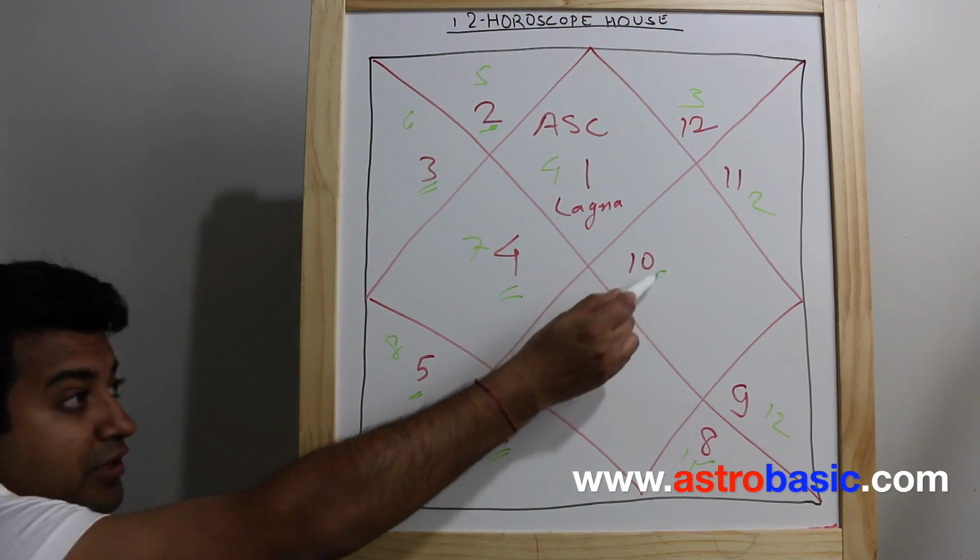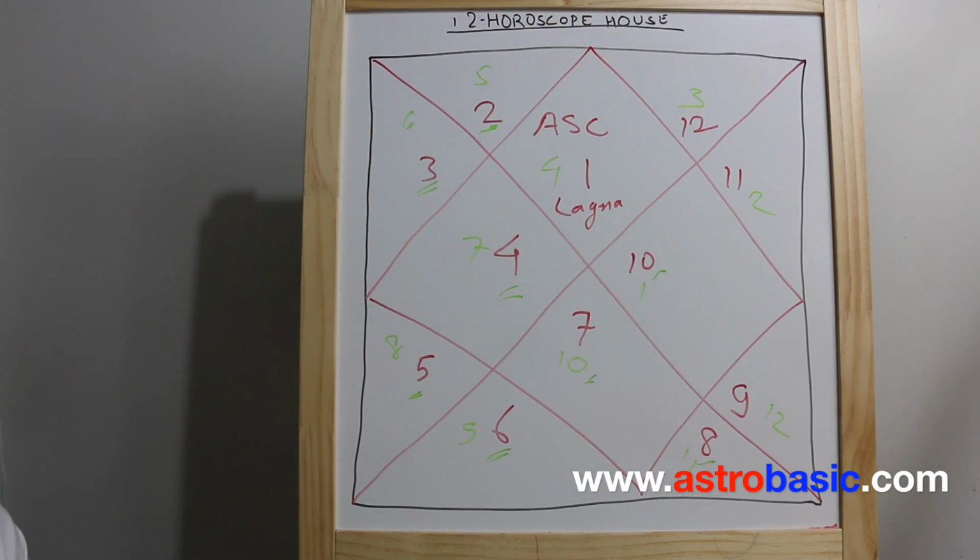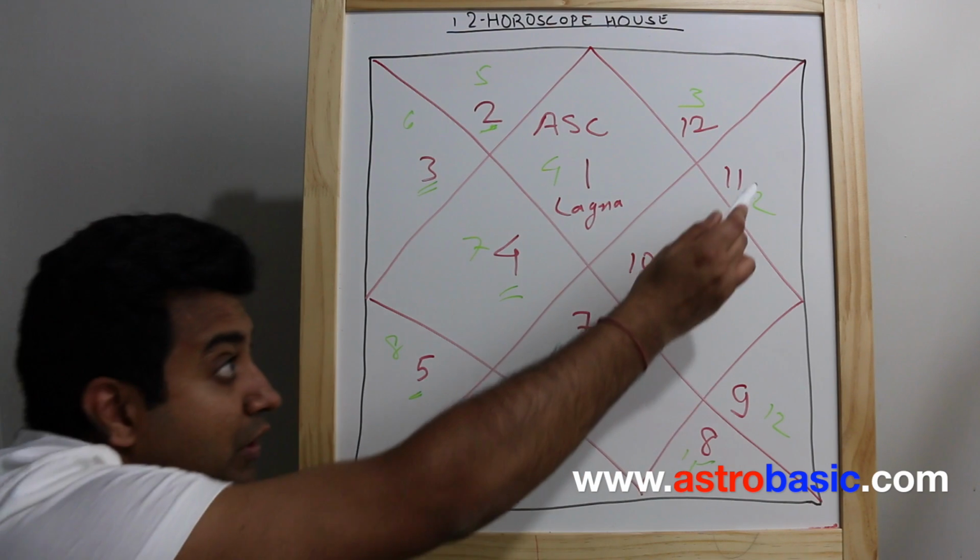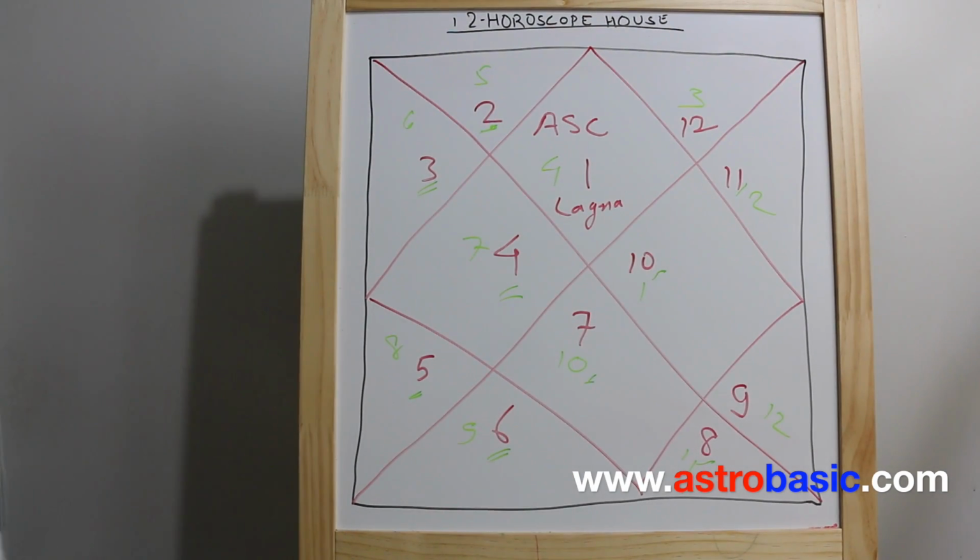Then comes the 10th house, related to career, job, profession, any job you do, whether you are a doctor, engineer, army, school teacher, or anything related to career. Those things we can see from the 10th house. And then comes the 11th house. This one is basically dealing with gain.